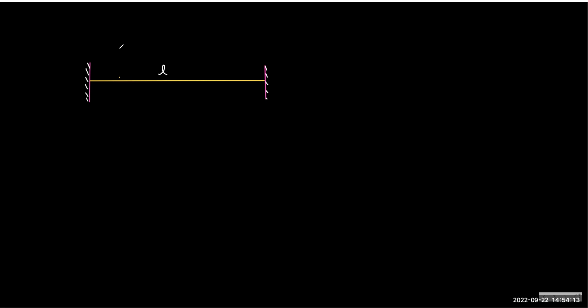So let's say we have something called a tuning fork. This is just symbolic, it is not the way it is. And now this string is set into vibration.